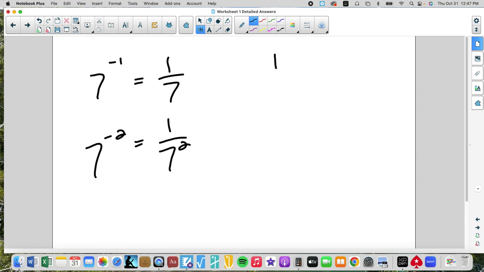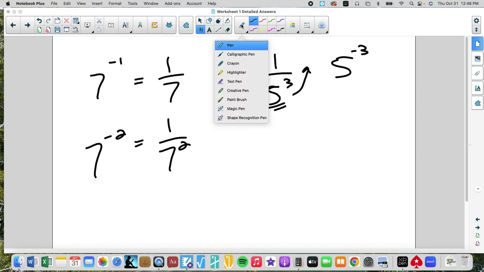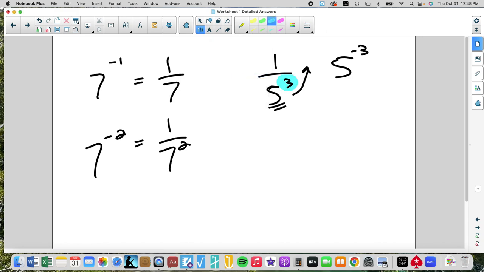So if I have 1 over 5 to the 3rd and I want to represent this base in the numerator, currently it's in the denominator. If I want to move it up to the numerator, I would change the sign of the exponent. The exponent currently is positive, and if I change its location, we're going to change its sign.